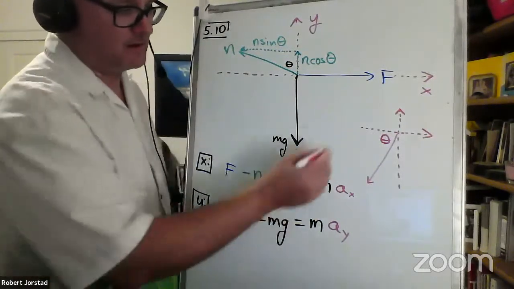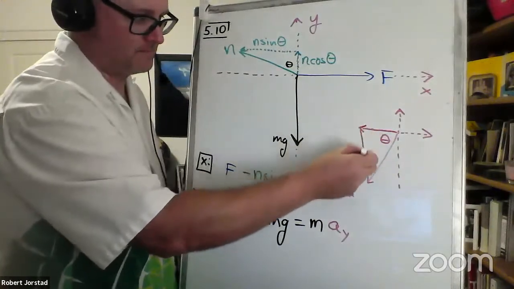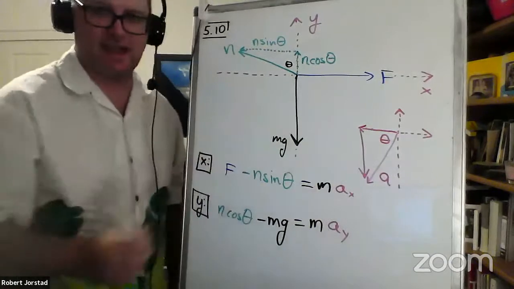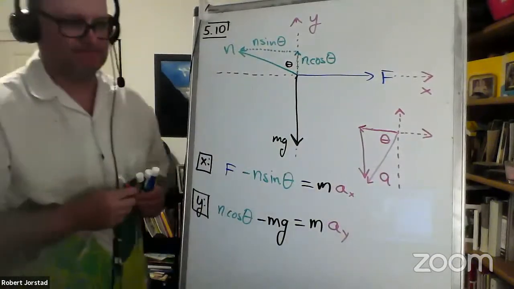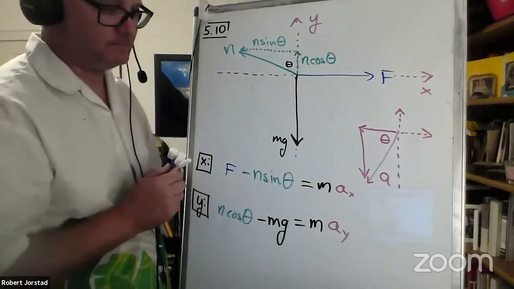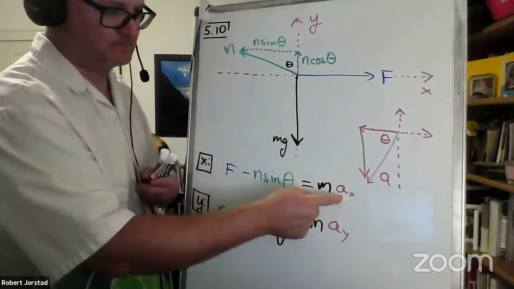So now, if that's A, what's AX? Negative A cosine theta.